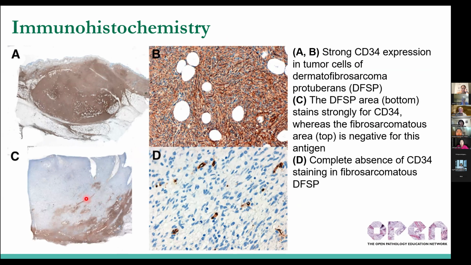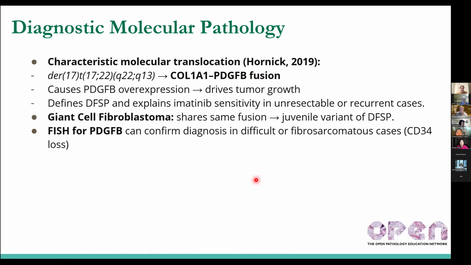But then we go into picture C, and you can see that there are areas where it is highly positive and areas where there is almost absence or low CD34, which are our fibrosarcomatous areas. And that is why this is tricky to diagnose. That's how diagnostic molecular pathology will play a role here.